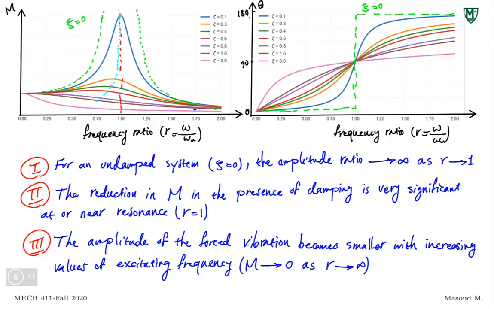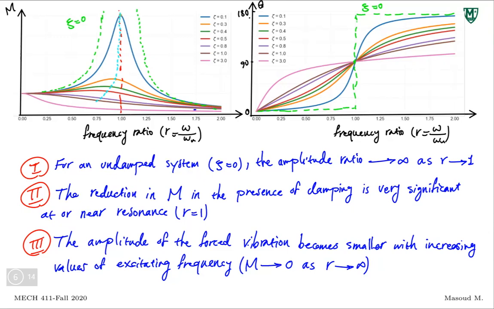But when we have a spring mass damper system, the maximum amplitude does not happen there. And maximum amplitude here we're referring to M, just a non-dimensional number representing the magnitude, the amplitude. It happens at a different point.